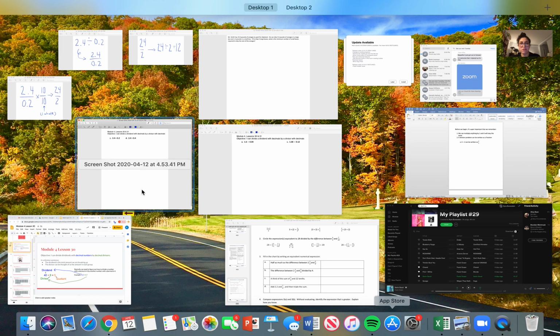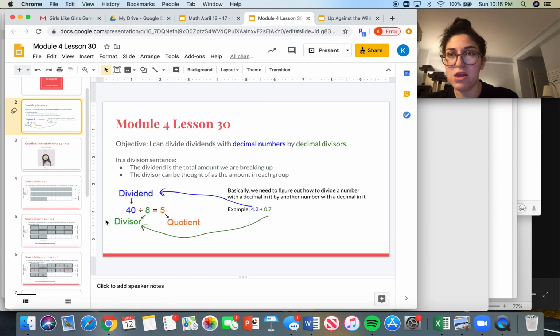The dividend is the number at the beginning of a division sentence, right? So in this case, 40, and I'm going to be able to divide it by something with decimals. So an example that I have here is thinking about if I could divide 4.2 divided by 0.7, or 4 and 2 tenths divided by 7 tenths.